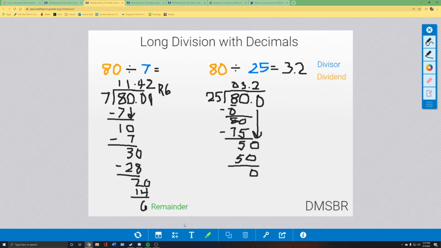Yeah, that 6 is the remainder, and that's how you would answer up here, 11.42 R6, if you were asked. In our case, you could put 3 R2 for over here, as that's completely accurate as well. But we are working with decimals, so I'm going to ignore the remainder.